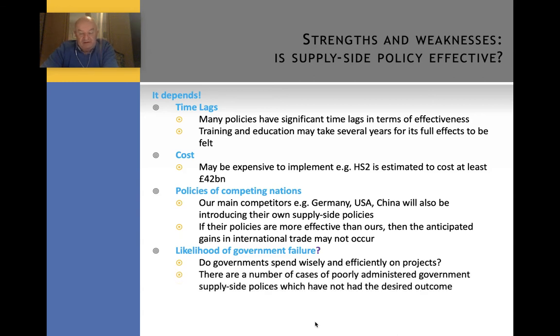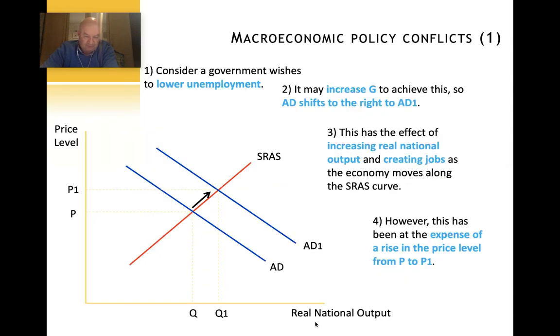And clearly there are lots of examples that we could give where there have been some poorly administered government supply side policies that don't quite lead to the desired outcome.